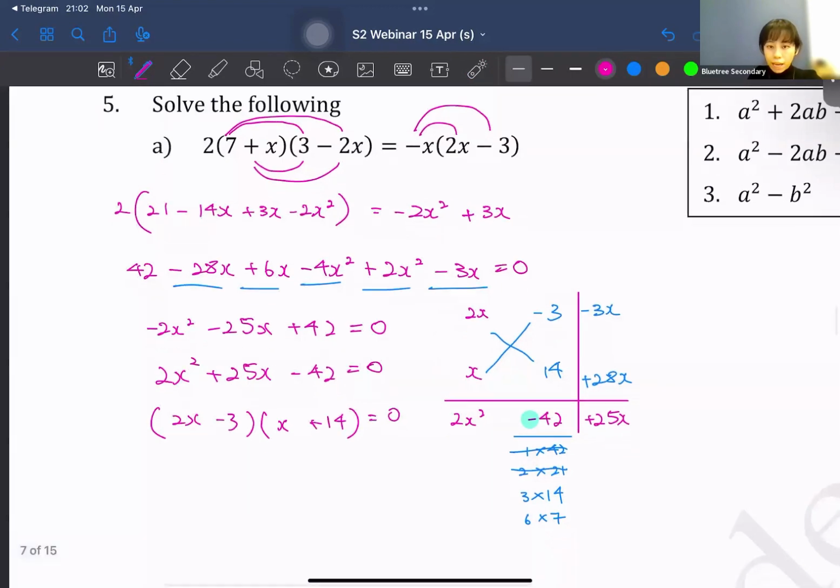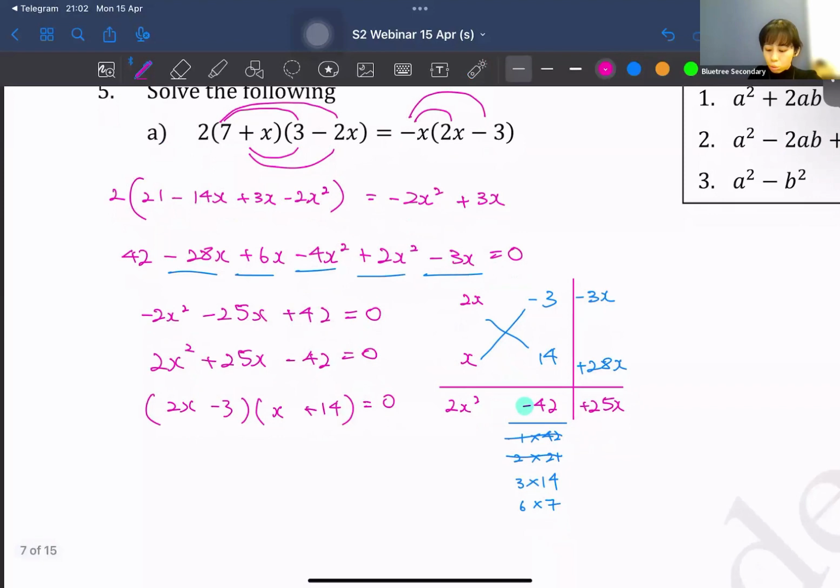To solve for x, equate each factor to 0. Essentially, when equating each factor to 0, what you are doing is dividing one bracket to the other side, and 0 divided by whatever is 0.